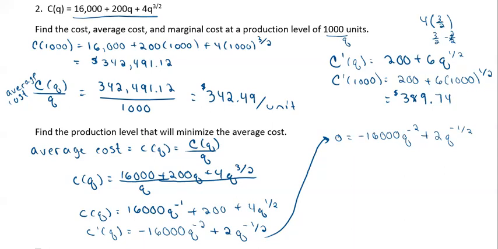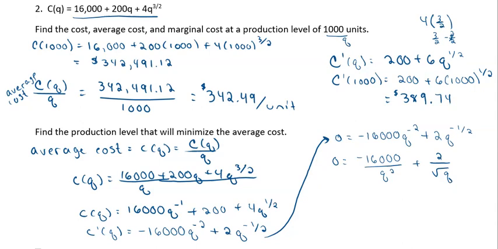So we can rewrite this if you don't like looking at it this way. Another way to write this would be to consider our Q to the negative 2 as Q squared in the denominator. And then Q to the negative 1/2 would be like the square root of Q. So if you prefer to think of it this way, totally fine. It means the same thing. The solution process will be very, very similar.